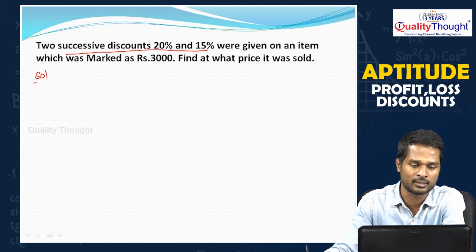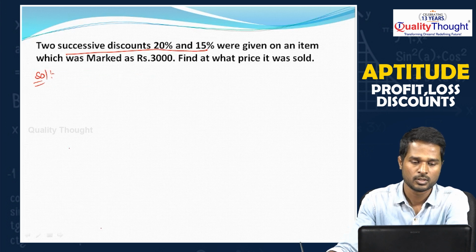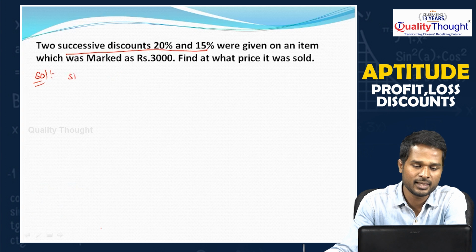So how will we calculate this? We will calculate the single discount by using the two successive discounts. What is the single discount that was given instead of giving two successive discounts?